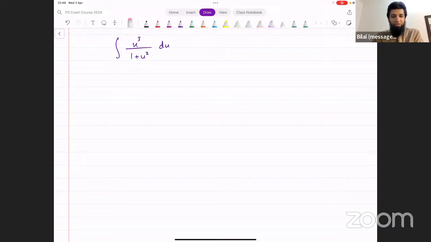Remember improper fractions? How did we use to integrate improper fractions? Division, right? This is an improper fraction. Degree of the numerator is greater than the degree of the denominator. You'll have to divide it into quotient and remainder over divisor. How do you do that? Using long division. u cubed divided by u squared plus 0u plus 1. u squared into u is going to give you u cubed.